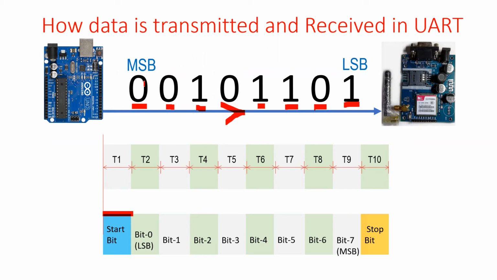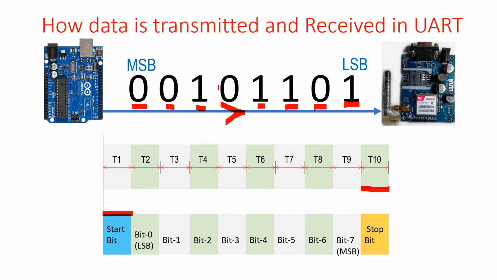After completing the most significant bit, the Arduino puts a 1. This is called a stop bit. So this 8-bit data is sandwiched between a 0 and a 1. The 0 is called the start bit, which signifies the start of serial transmission, and the final 1 is the end of serial communication.